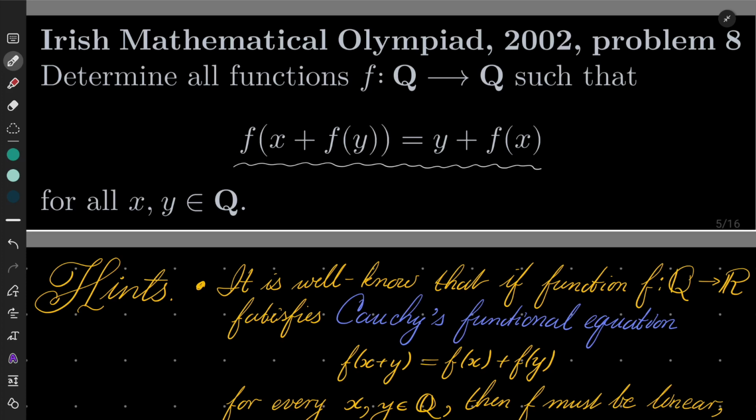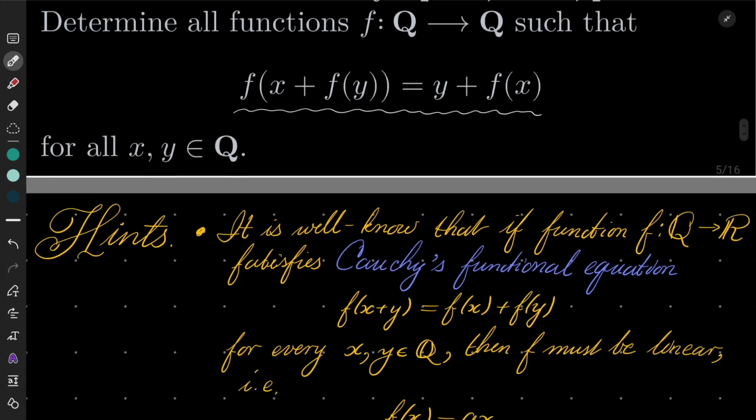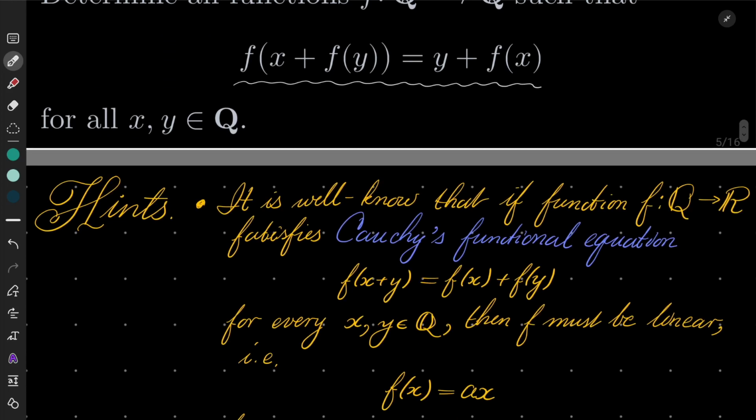So my hint for this problem: there is a well-known property. First of all, there is something called Cauchy's functional equation, and there is a nice result about this type of equation.